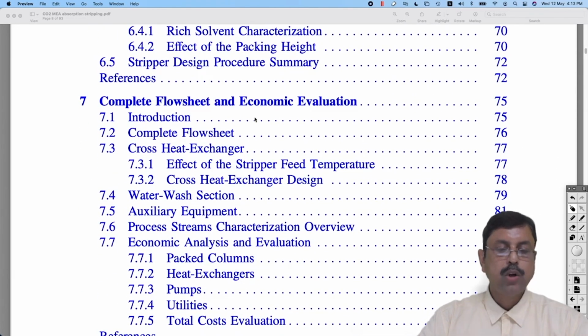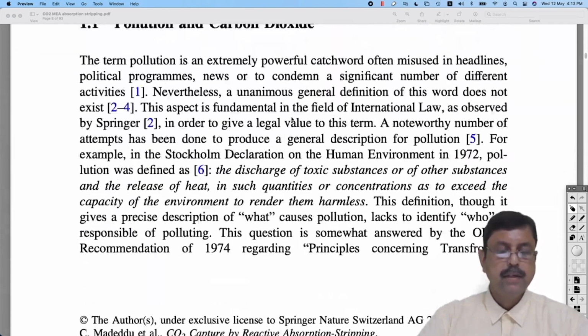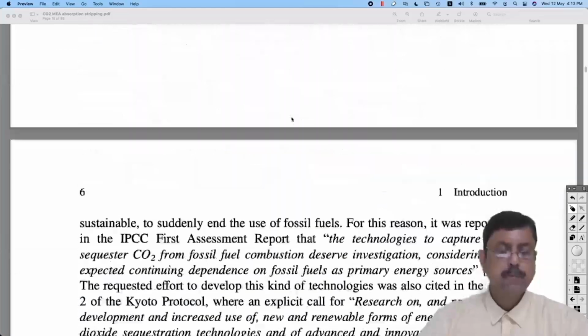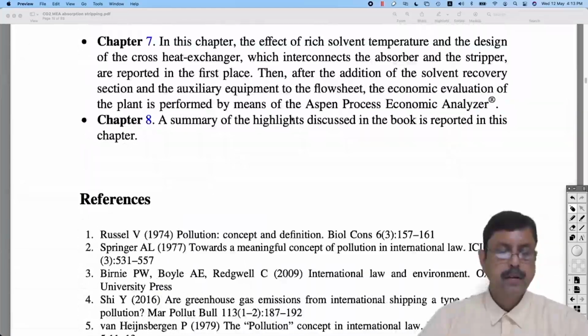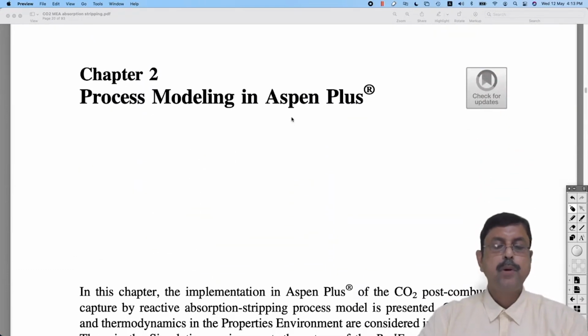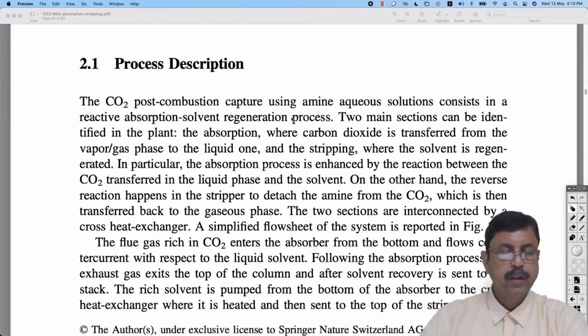There are other economic evaluations that we'll not consider at this moment. So we can directly go to chapter 2. Yes, so process modeling in Aspen Plus.